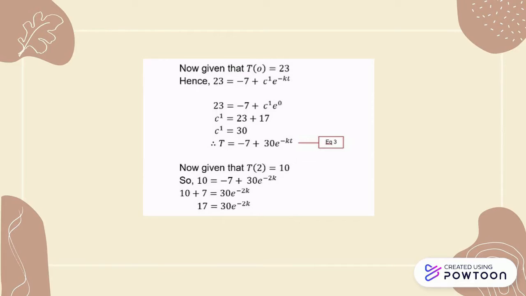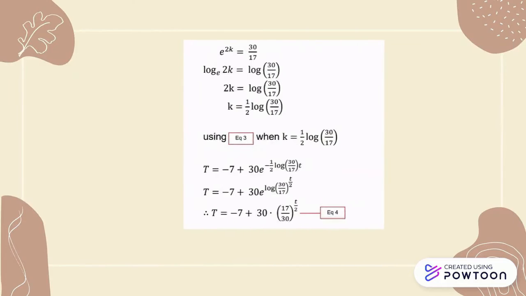So given that T2 is equal to 10, we have 10 = -7 + 30e^(-2k), where we insert t equal to 2. Then we solve the problem and we will get e^(-2k) = 17/30.